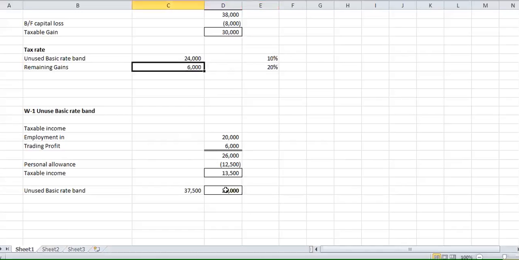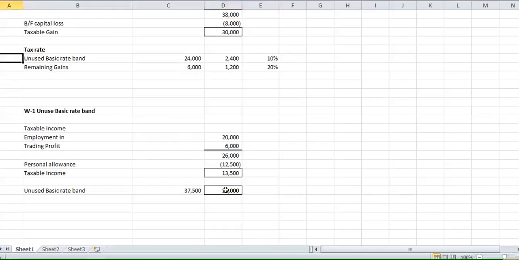We will apply 20% tax on the remaining 6,000. So on £24,000, the tax rate is 10%, which is the unused basic rate band.